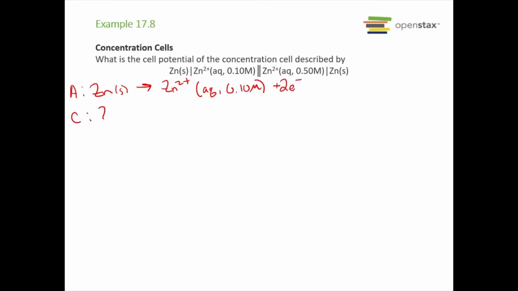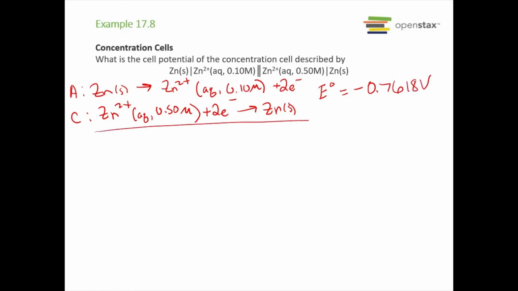And at our cathode, we have zinc 2+, aqueous, but at 0.50 molar, and 2 electrons going to solid zinc. For both these half reactions, the standard potential is equal to negative 0.7618 volts.